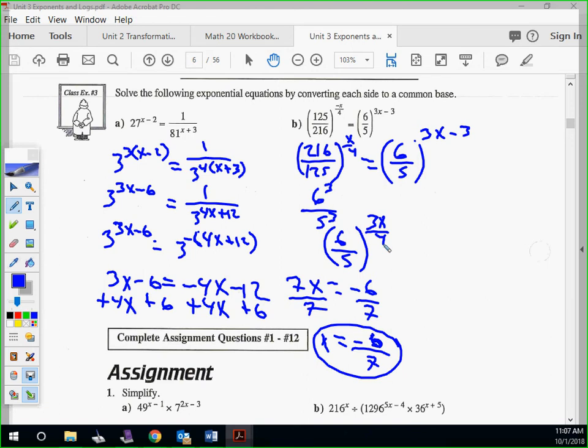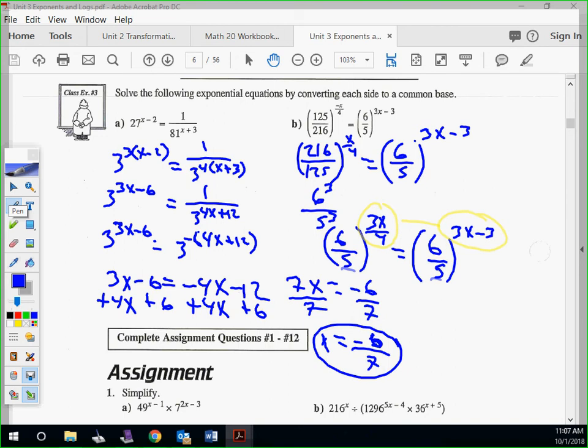And now we're ready. So you can see we got these to match. And so these will be set equal to each other.